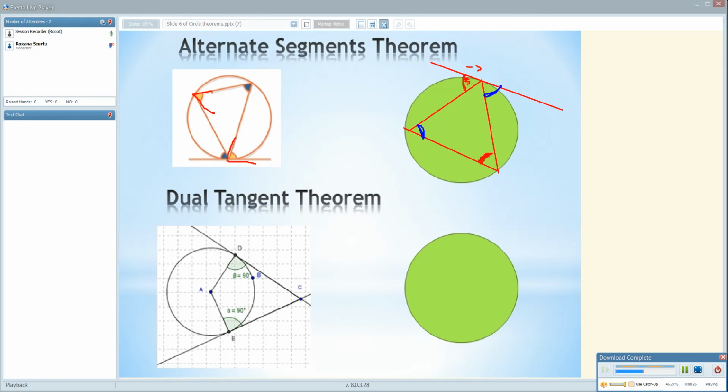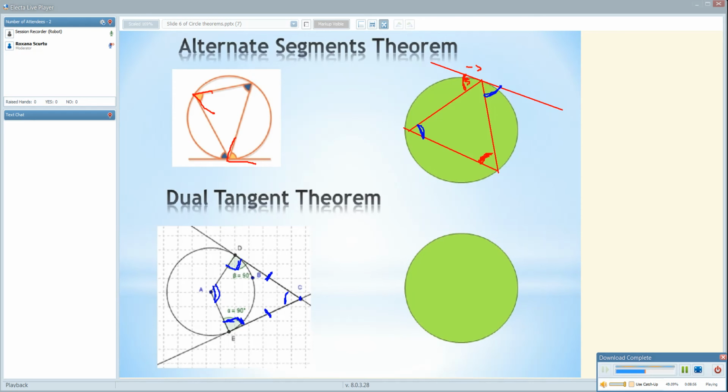Okay? Now, the dual tangent theorem says that if you have two tangents and they meet at this point here, this side is equal to this side. And because you have a radius and a tangent, this angle is going to be 90 degrees, and this one. And also, as you can see, this is a quadrilateral, yeah? Which means this angle and this angle here are going to be 180 together.